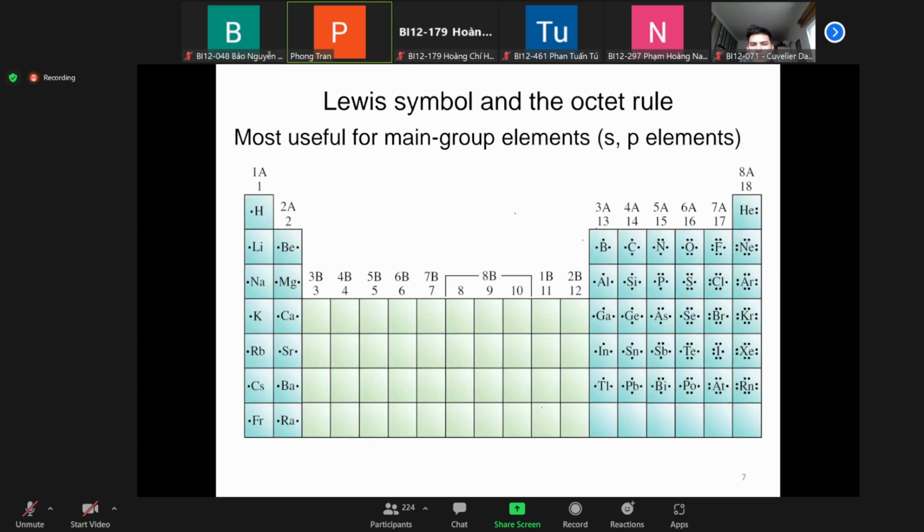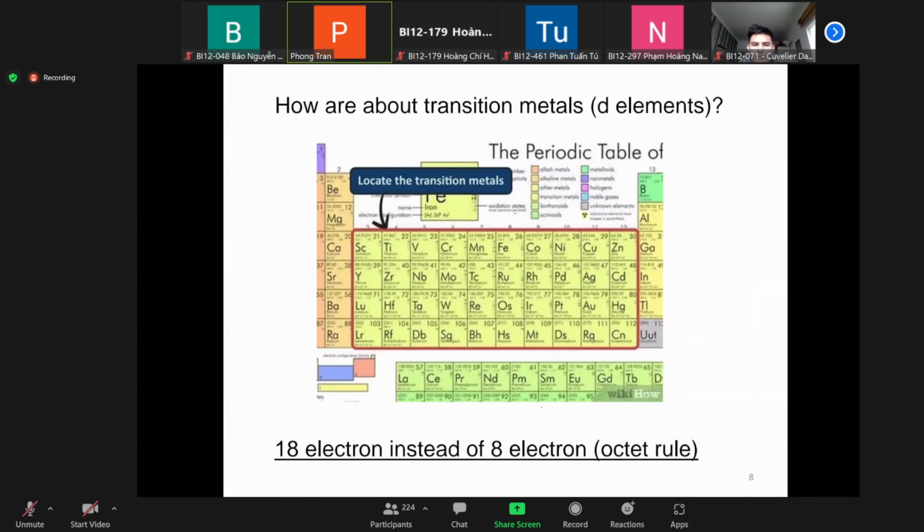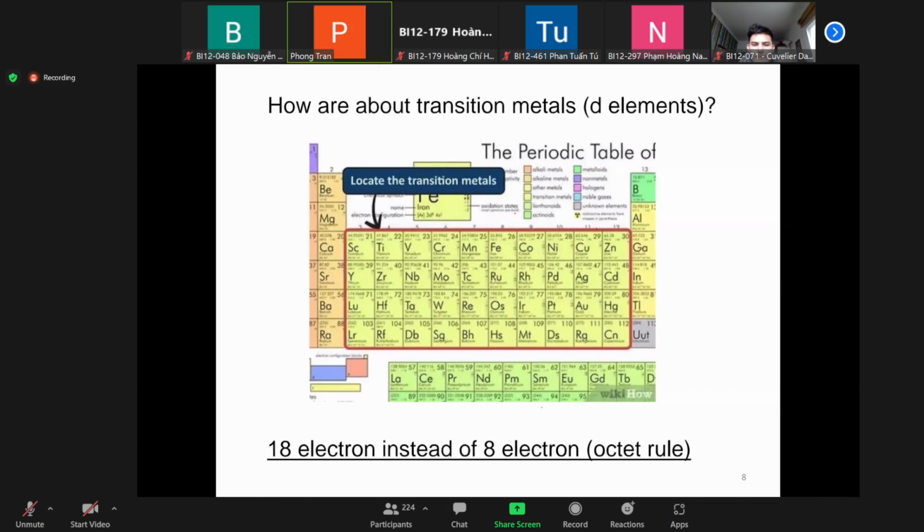Okay? So here you can see the elements of the main group on this table of elements. For the elements which have electrons in the d orbital, we talk about the transition metals.